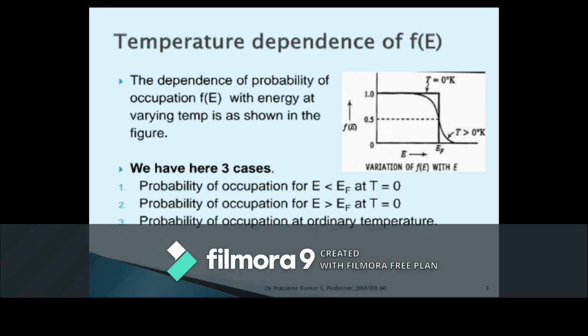In another case, we are trying to find the probability of occupation for the levels above EF at the temperature T equal to 0 Kelvin. The other case is a temperature other than 0: what is the probability of occupation at any temperature T greater than 0 Kelvin? So now we'll study them one by one, case-wise.